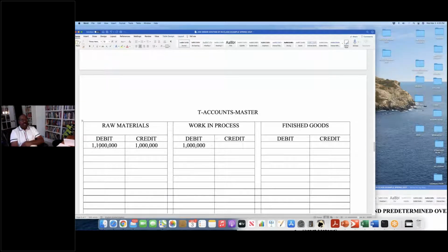We bought 1,100,000. We're always gonna buy more raw materials than we need so the process won't get bogged down if we go over. So we bought 1,100,000. We transfer 1,000,000 to work in process, but if you don't have extras, if you run out, then the whole process stops. So a company's not going to buy just what they need. Got it?